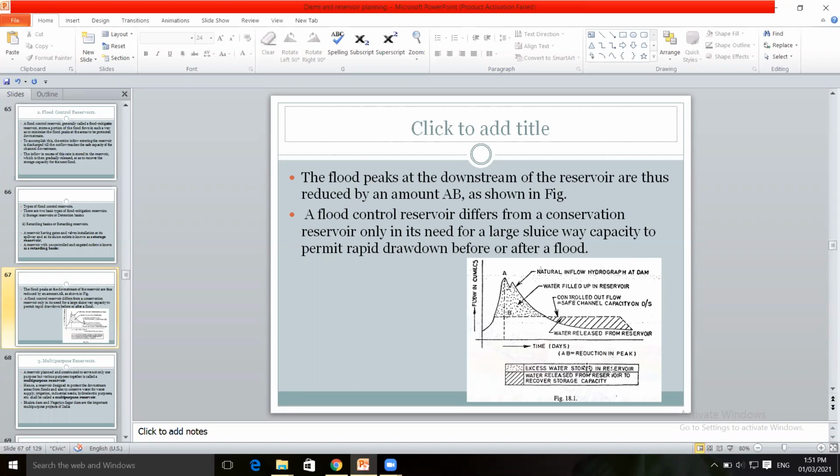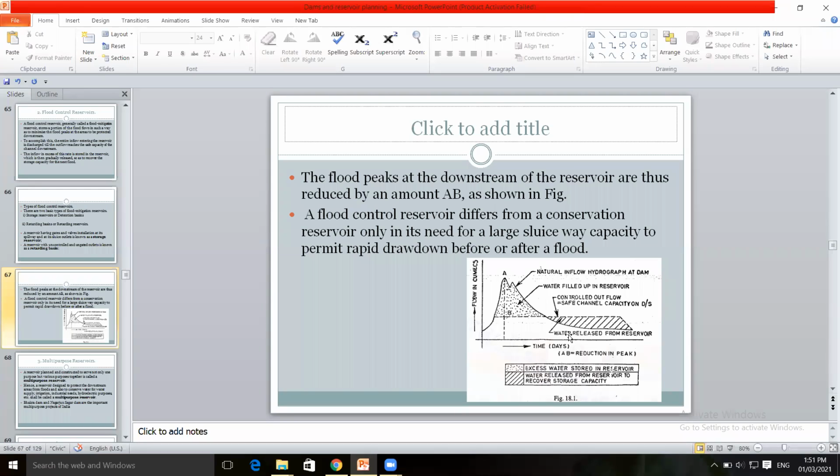And after outflow, after releasing of water to downstream sides, water is released from the reservoir and it is stored in the storage reservoir, that is shown by this hatch portion. इकडचं हे peak flow release करून इथे ते भरलेलं आहे. The released water is used here for increasing storage capacity of the reservoir.